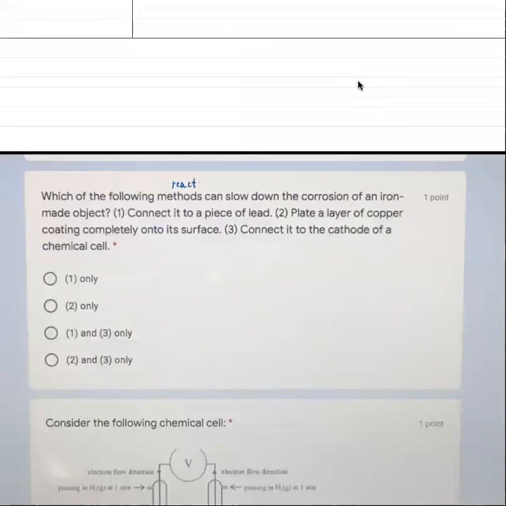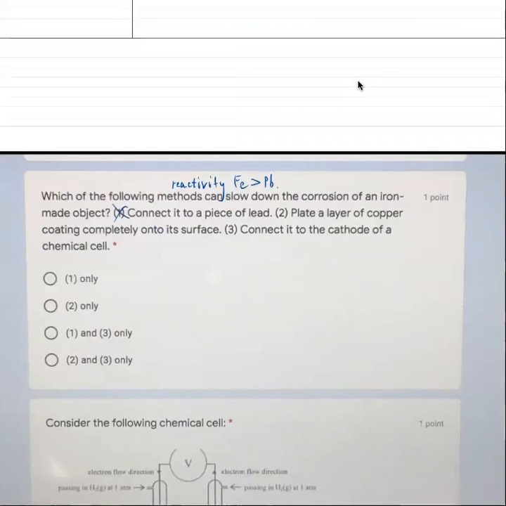That means if we put a piece of lead onto the iron, then iron would lose electrons more readily to lead, and that speeds up the process. So definitely not one.